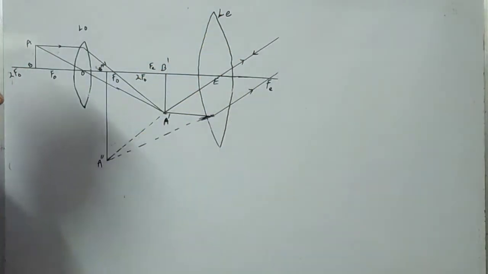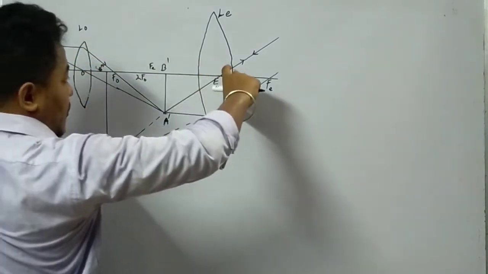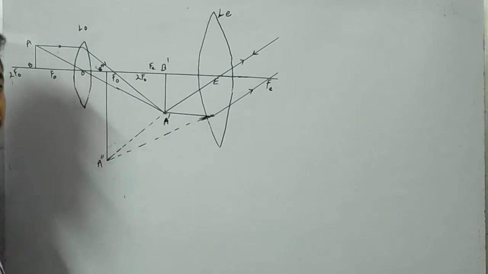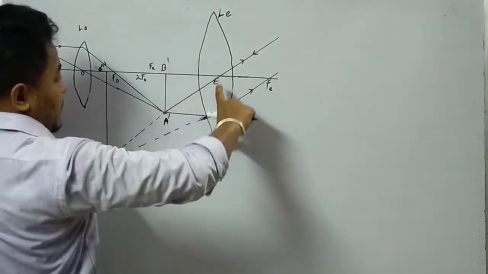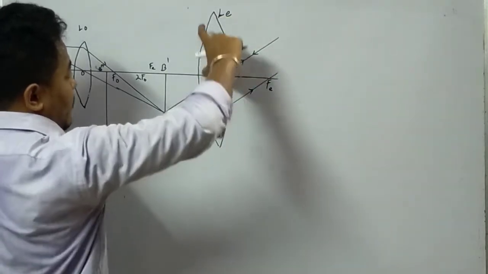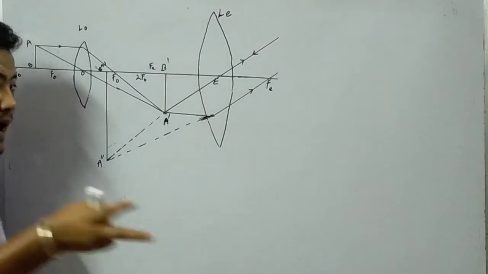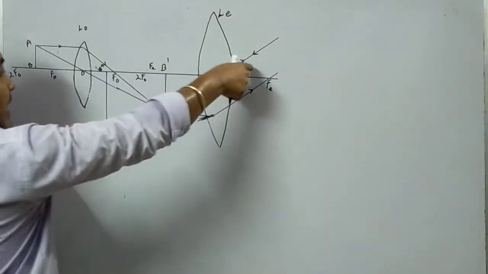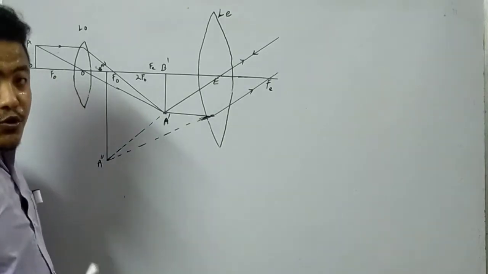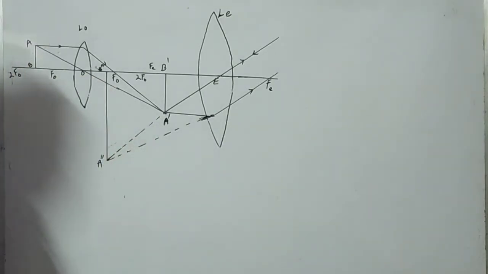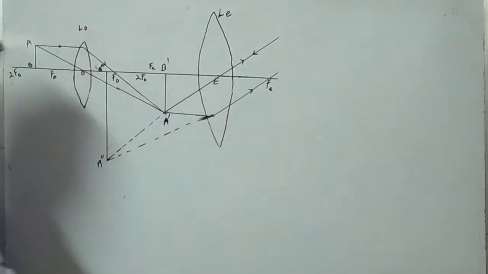Now the image of the objective lens will be the object for the eyepiece lens. Now this is A'B'. A'B' will be the object for the eyepiece lens. Now this object will form the final image for the eyepiece lens here, A''B''. So A''B'' will be the final image for this particular compound microscope.